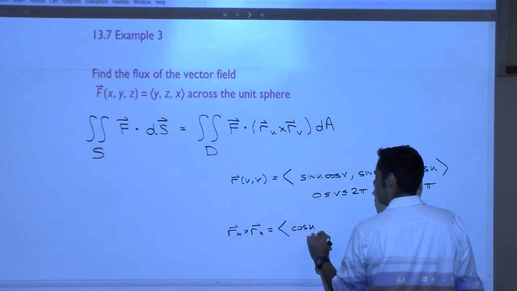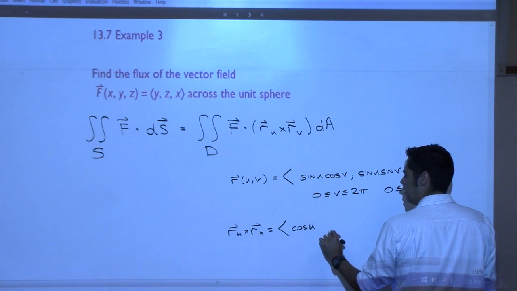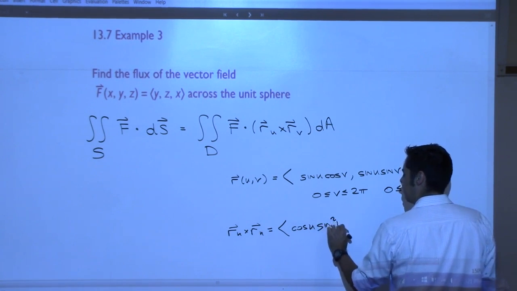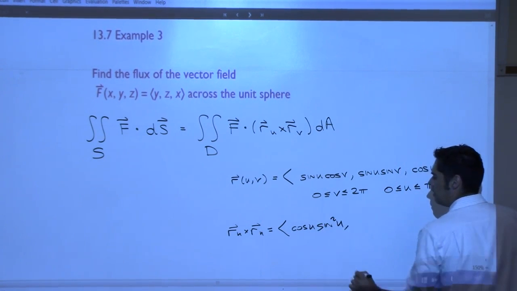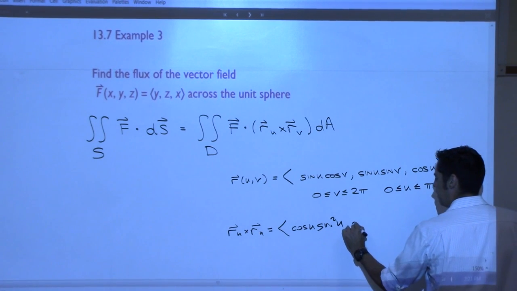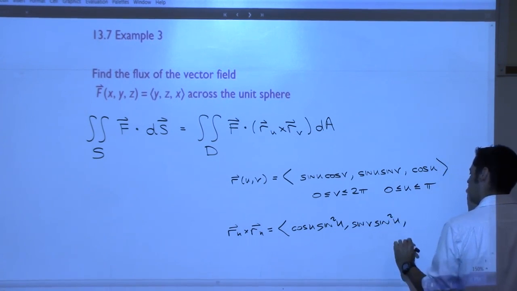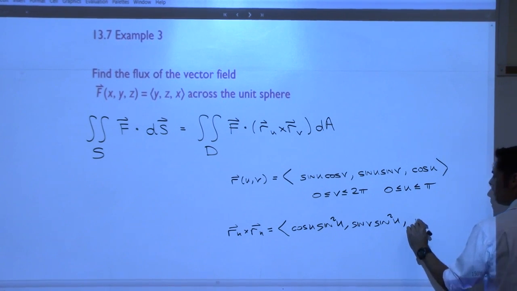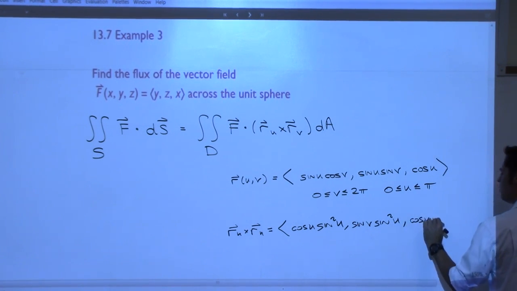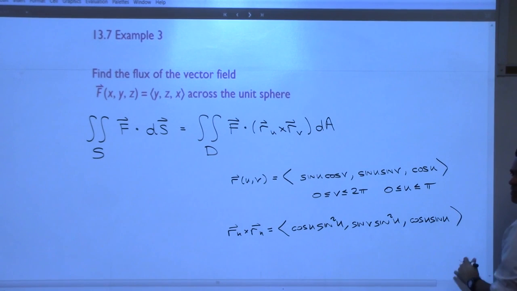Cosine u. Right here? Yeah, in the same direction. Okay. And then sine v sine squared u. And then it's cosine u sine u. Can I get a second on that? Anyone agree? Yes? Okay, good.